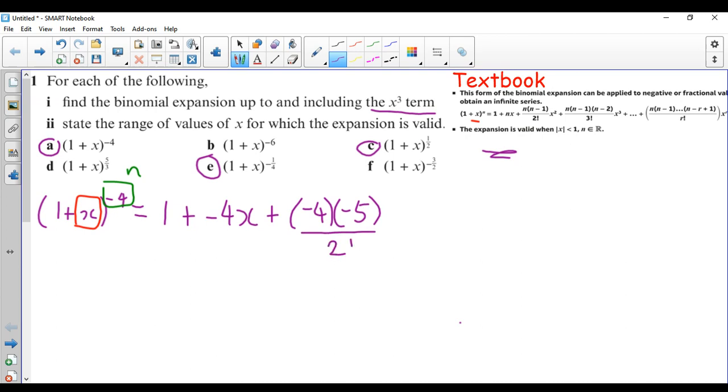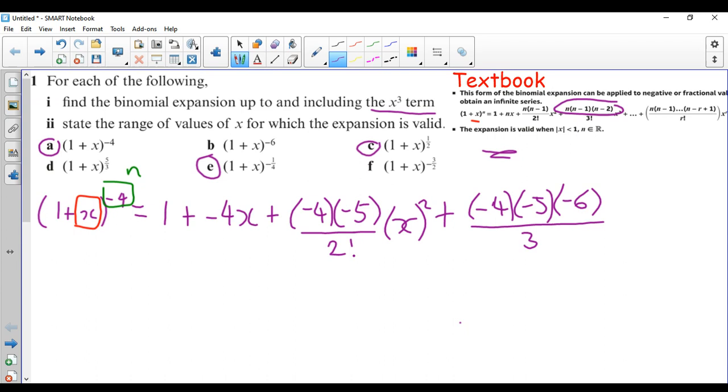Over 2 factorial x squared plus, again, minus 4, minus 5, and take another one off. Because if you have a look in this pattern, it's just taking an extra one off each time. So that's minus 6 over 3 factorial x cubed. You'll notice I'm putting the x in a bracket. That is because when we get to slightly more complicated questions, it does make life a lot easier.